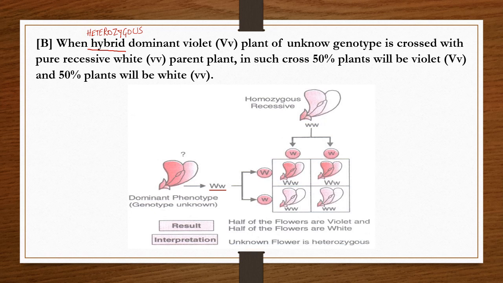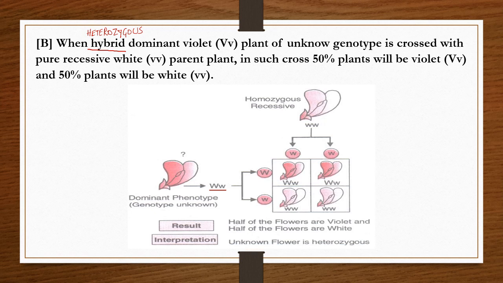But it is crossed with the homozygous. The definition is clear: the cross is made between the unknown one always with the homozygous recessive, or double recessive. We need to cross the unknown individual, either homozygous dominant or heterozygous dominant, whatever it is, always with the recessive parent.